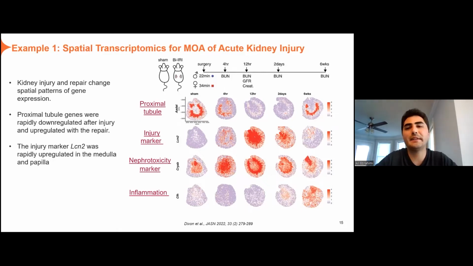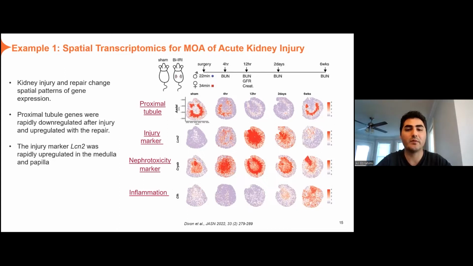where authors validated a drug-induced kidney injury model. Actually, not drug, I think it is a surgery injury model. They used 10x Visium technology and mapped the gene expression over the course of injury and repair of the kidney.